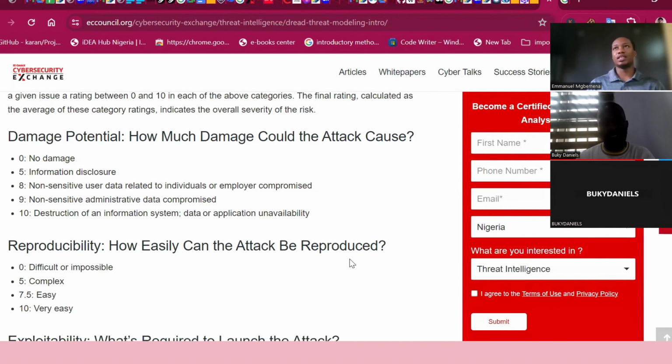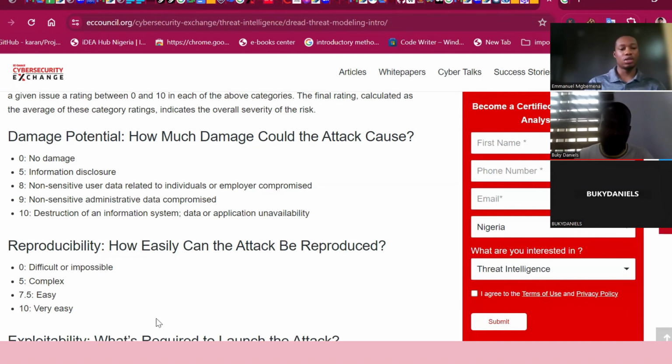Even though we can agree it's easy, I'm not sure it's very easy, because the attacker has to exploit this vulnerability. I think we are talking about a penetration tester who most likely has access to the environment. But what if it's an external person? Anyway, they said reproduced. Let's give it 7.5.